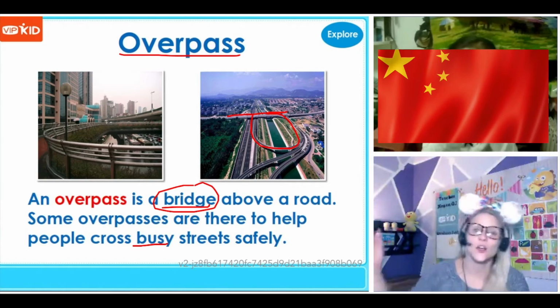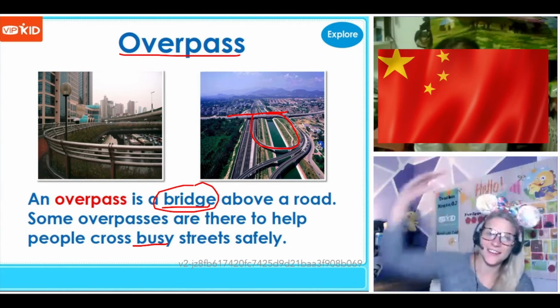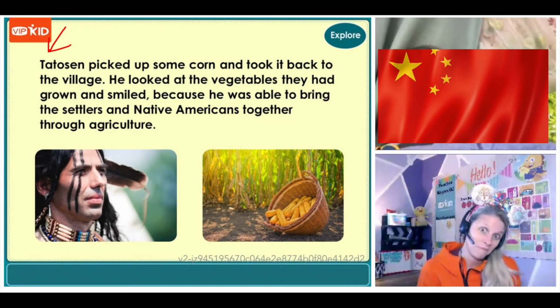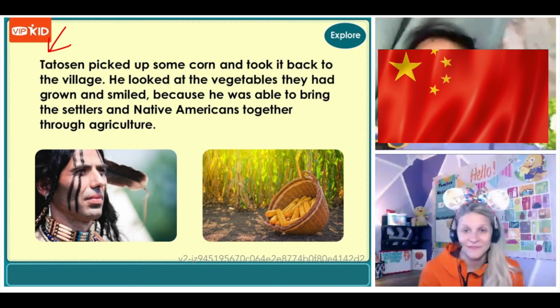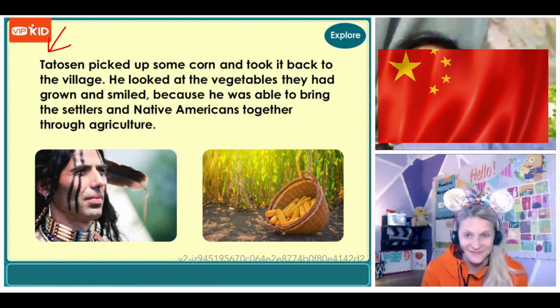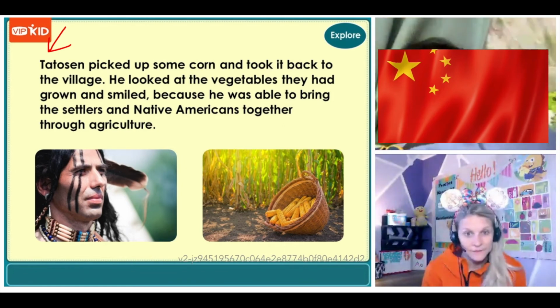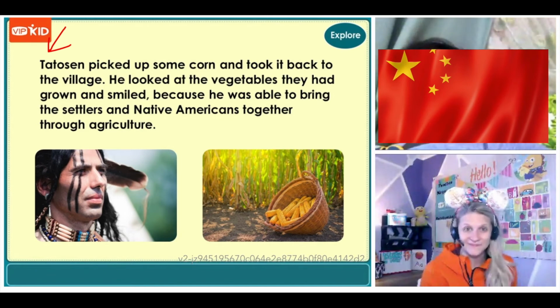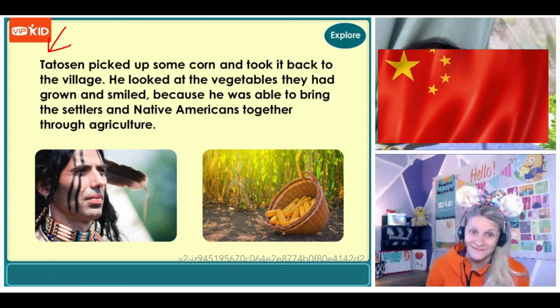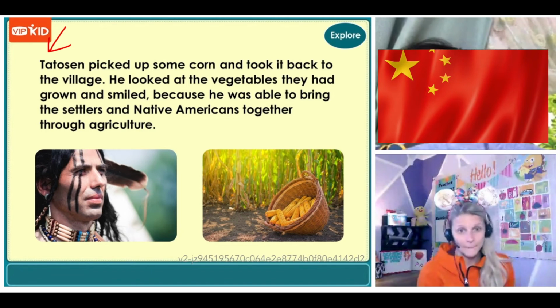So this is bridge. Hudson picked up some corn and took it back to the village. He looked at the vegetables they had grown and smiled, because he was able to bring the settlers and Native Americans scattered through agriculture.